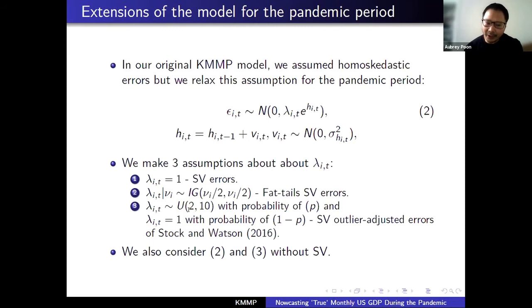That's our third specification. We also consider our second and third specifications without SV, so we have fat tails but no SV, and outlier adjusted errors but no SV. This is basically what we're doing in our paper to accommodate the pandemic period, by extending our model with these different error specifications.